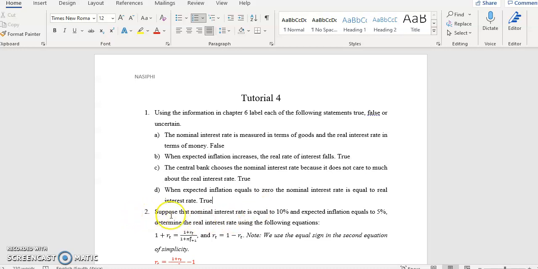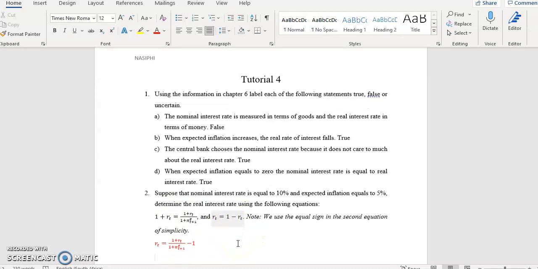Second question, suppose the nominal interest rate is equal to 10% and the expected inflation equals 5%. Determine the real interest rate using the following equations. Here we've been given two equations. We are required to calculate the real interest rate from the first equation and again from the second equation.